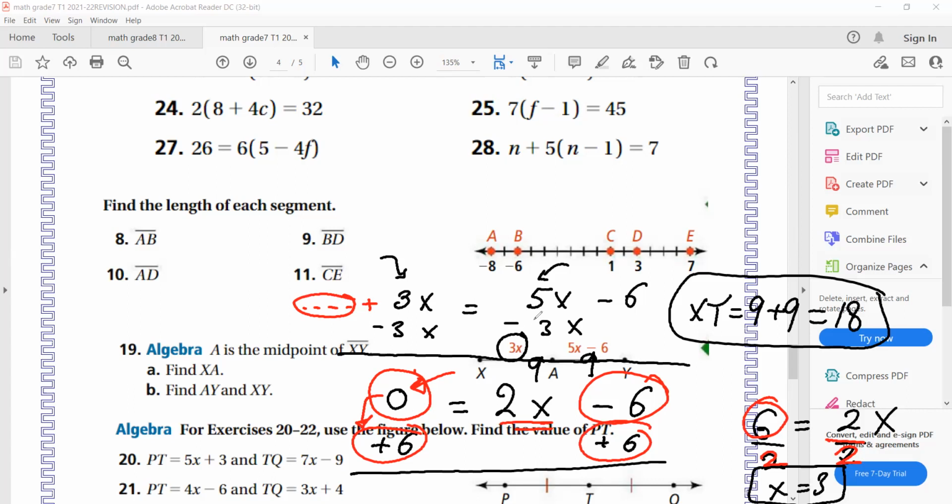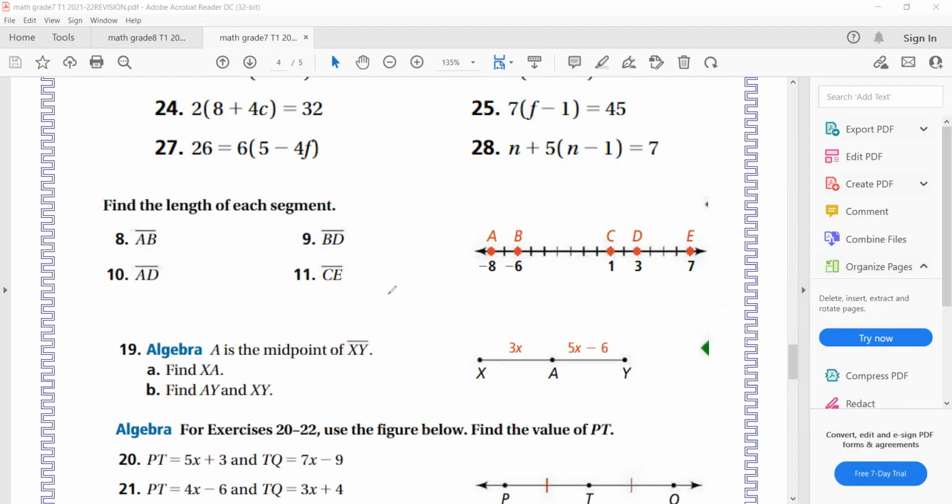Miss, I'm still a little confused. I have here 3x. I said 3x equals 5x minus 6. 3x is the smaller, then subtract 3x. 3x minus 3x equals what? 3x minus 3x equals 0.